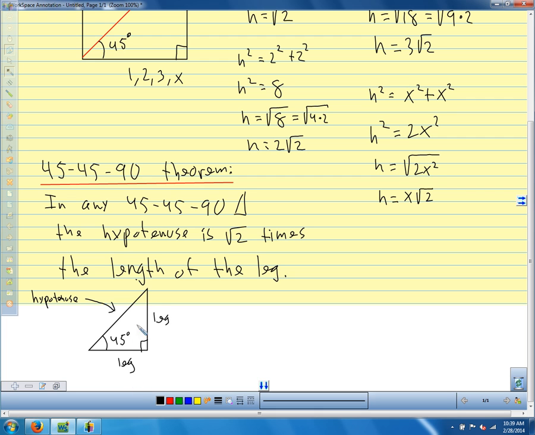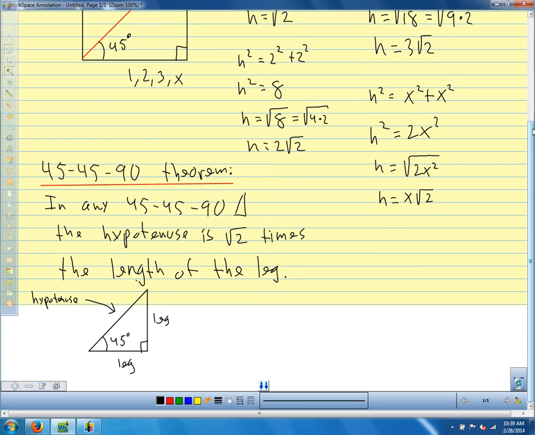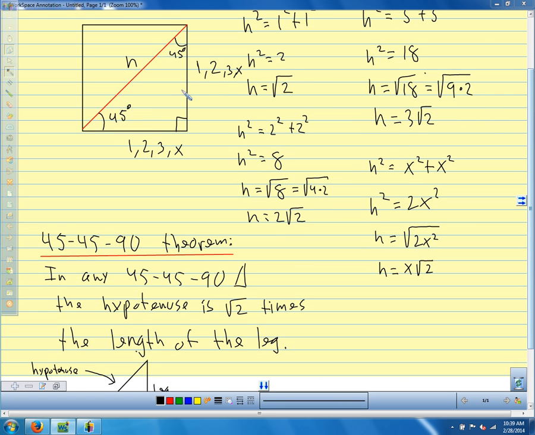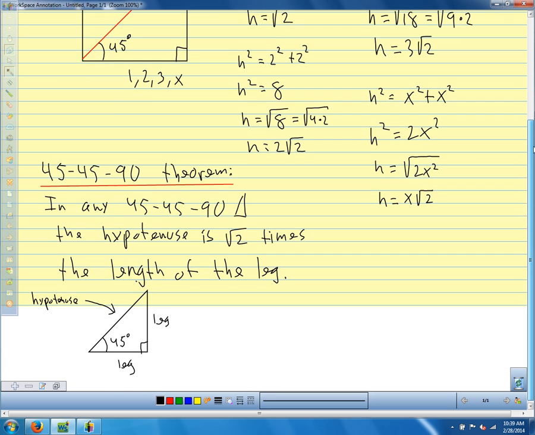And because these are each 45 degrees, the legs are both the same. It's half a square, so the legs are both the same. We're cutting a square in half, so each of the legs is the same. So this works for any 45, 45, 90 triangle. As long as we have those angles in there, this is going to work for us.